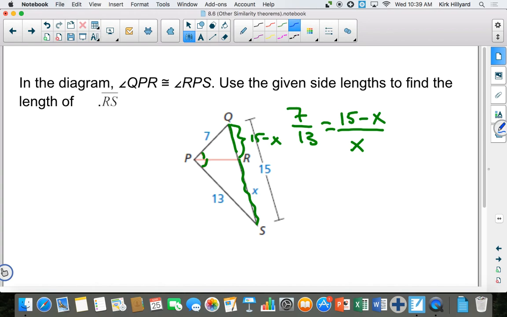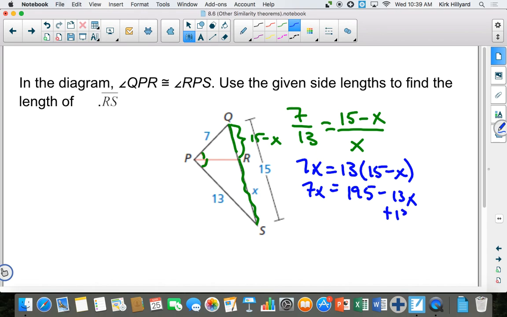So that's how you would set up that proportion and solve it. So when I solve that, I have 7 times x is 7x, and I have 13 times 15 minus x. And 13 times 15 is 195. So this is 195 minus 13x equals 7x.